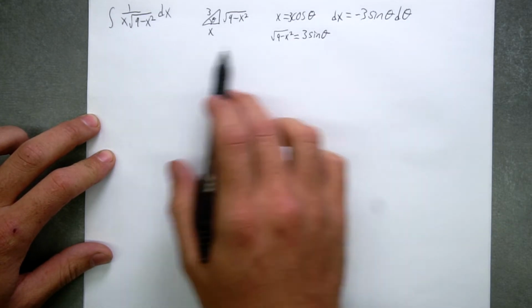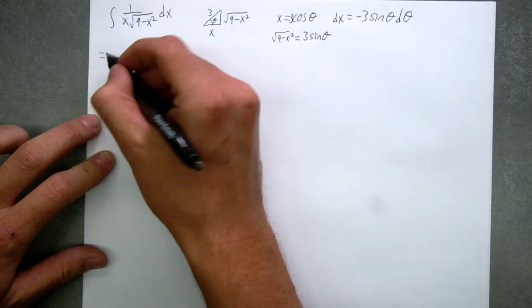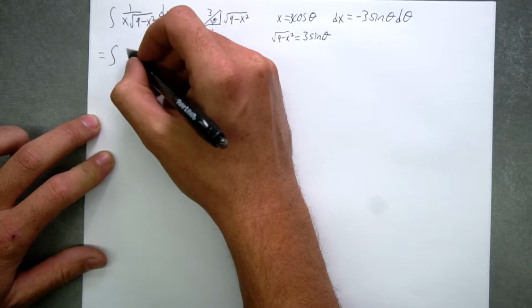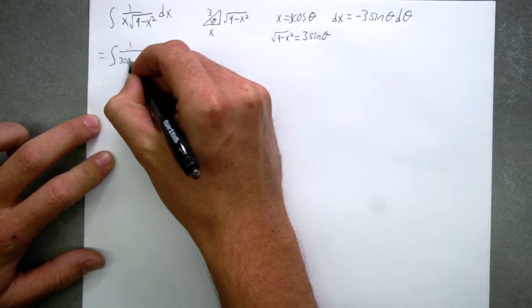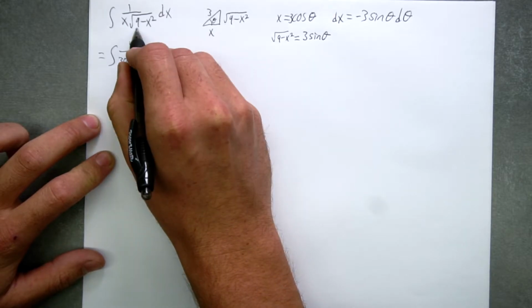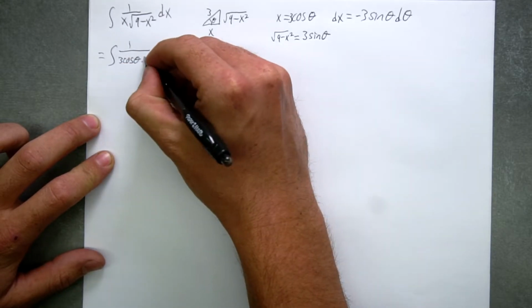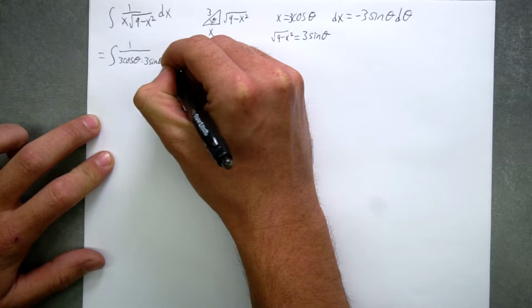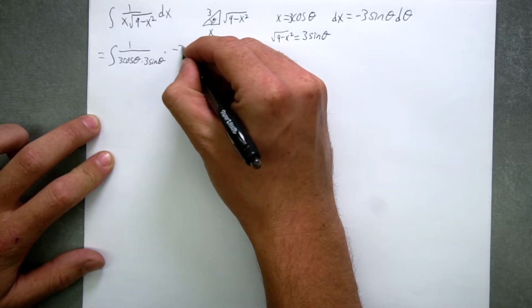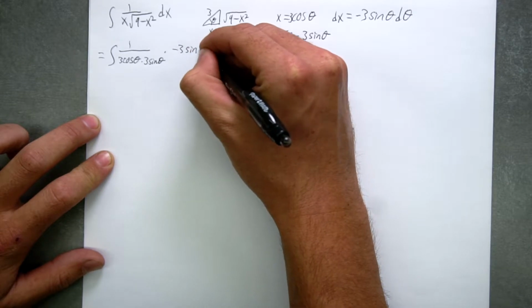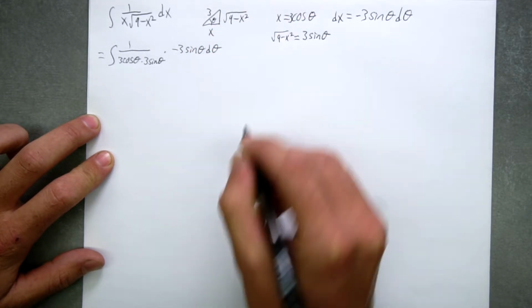Substituting all of these components into our integral, we get the integral of 1 over 3 cosine of theta times 3 sine theta times our substitution for dx, negative 3 sine theta d theta.